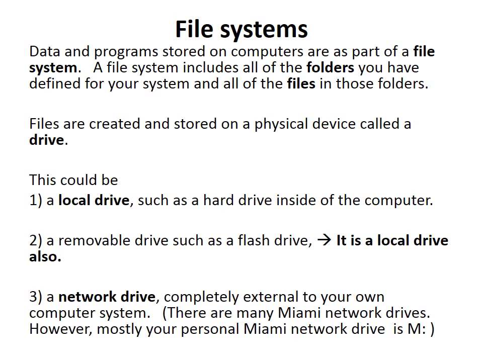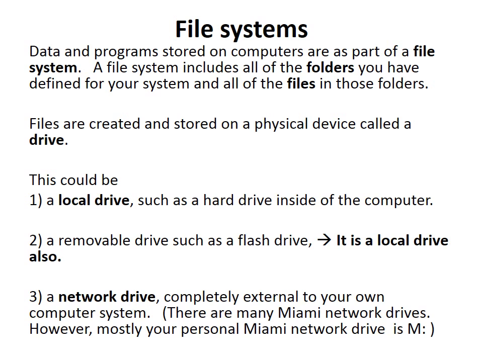Computers have a hard disk drive or a solid-state drive inside the computer case. They are local drives. Normally, letter C is assigned for the first local drive. A removable drive like a USB flash drive or external hard disk drive is also considered a local drive.